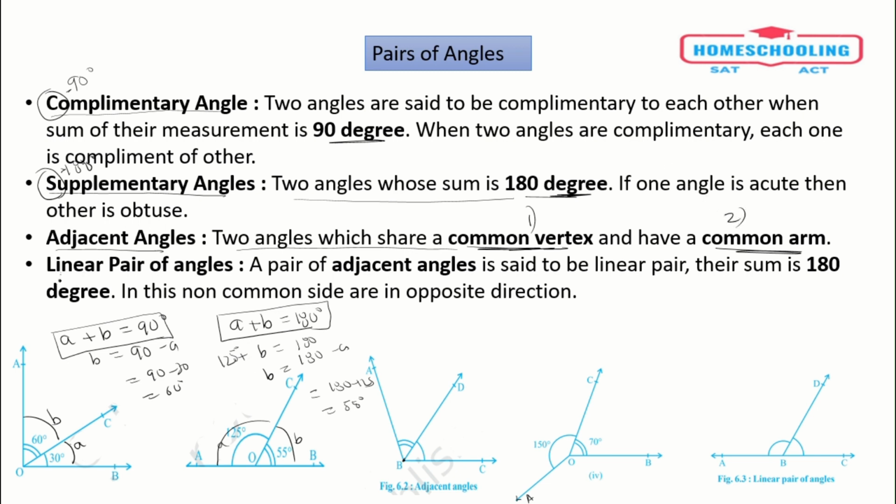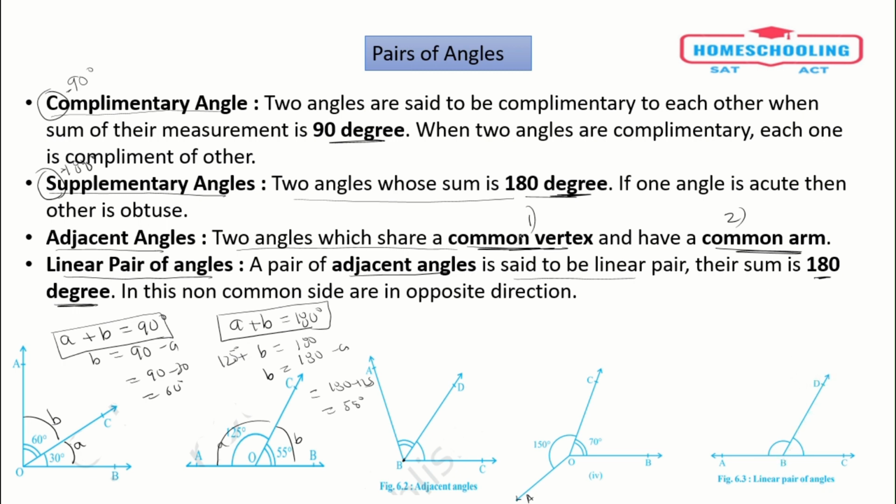Now let's go to the linear pair of angles. The linear pair of angles are also adjacent angles, but the sum of their angles is 180 degrees. First we have to check whether it is an adjacent angle or not.